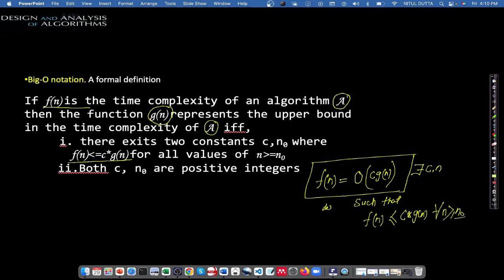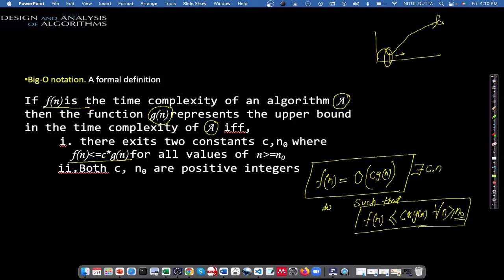So n naught is the minimum point. If we consider this one as f(n), n naught will be this area. Beyond this point, the value of f(n) will satisfy this condition.